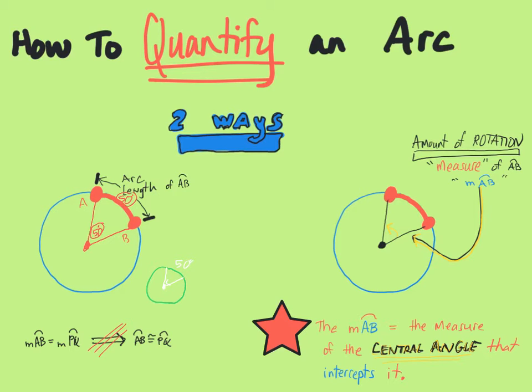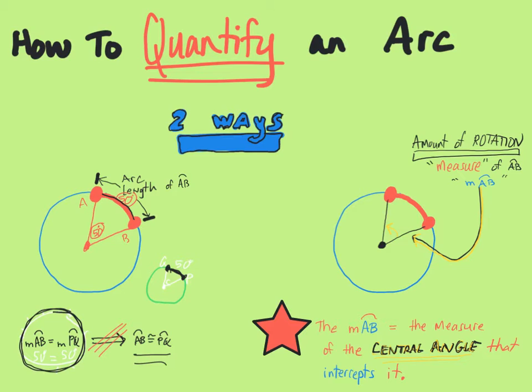Then this would be true that the measure of arc AB is 50 degrees, and the measure of arc PQ, if this was P and this was Q, is 50 degrees. So the measures are the same, but are those arcs congruent? Not at all. Arc PQ is a much smaller walk for that ant than arc AB. So just because they have the same measures for arcs, that does not mean that those arcs are congruent.